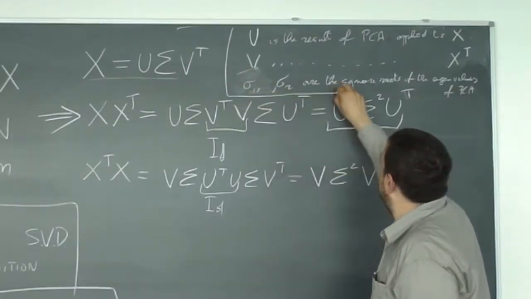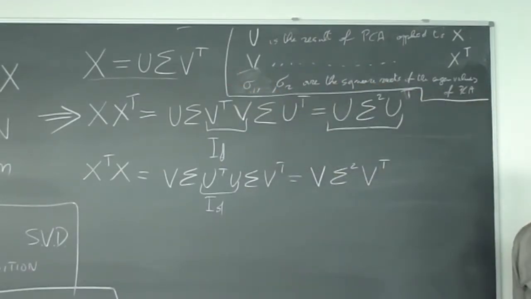Okay, so these are the rules by which we can find those matrices and numbers.